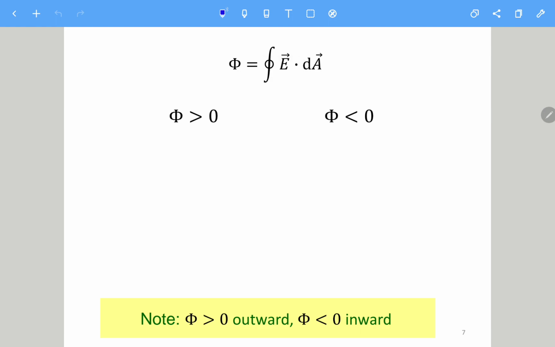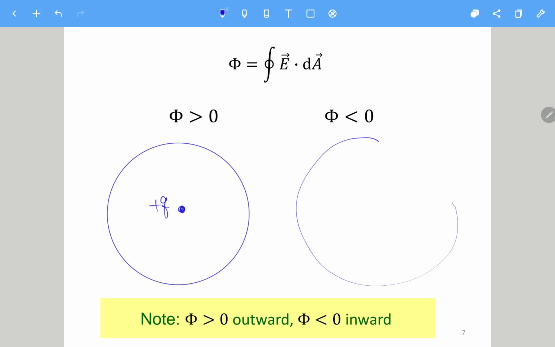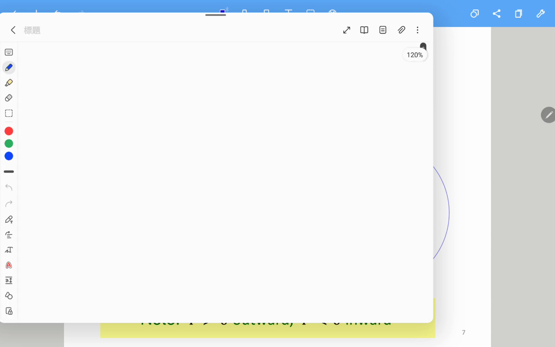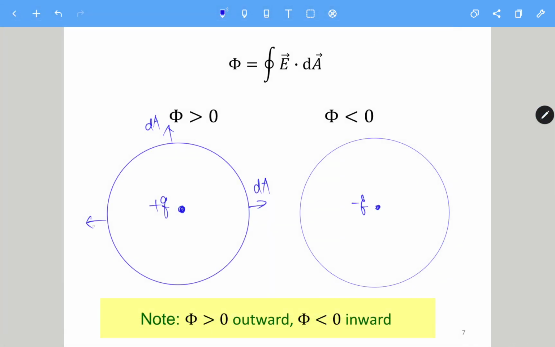Here it means that if we have a positive charge, and as always, we have dA pointing outward, and of course these E fields are also pointing outward.